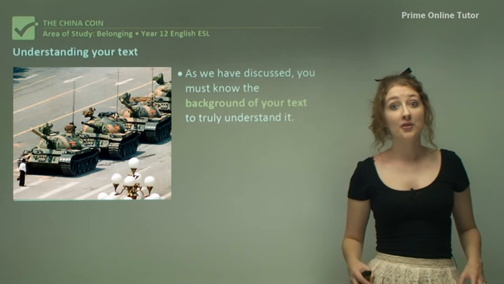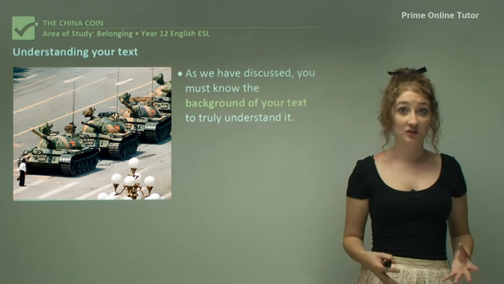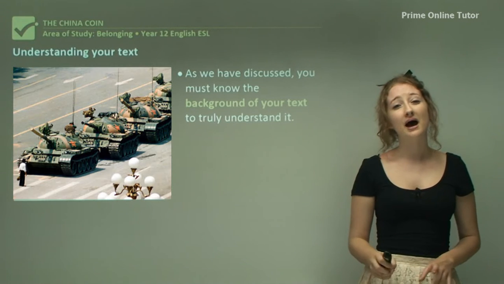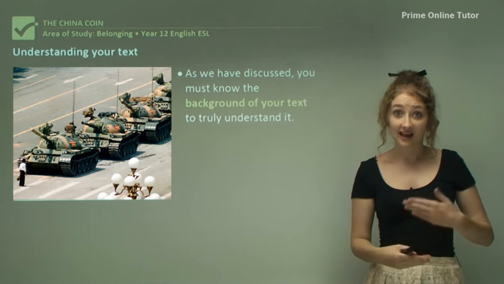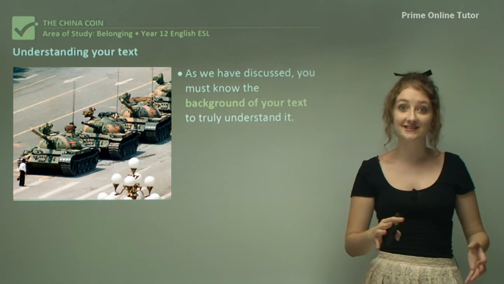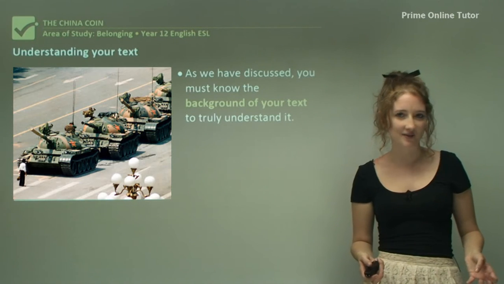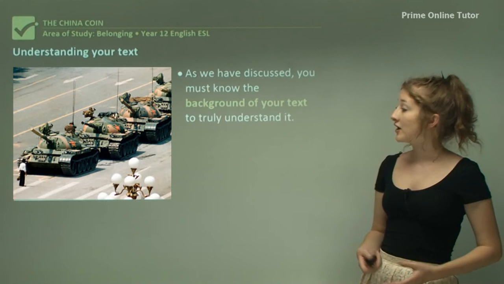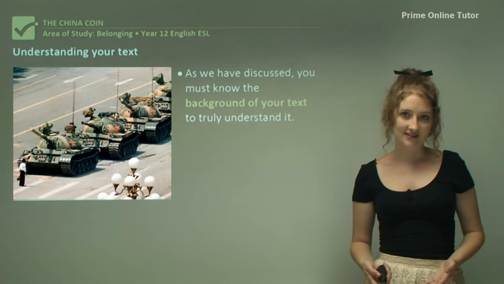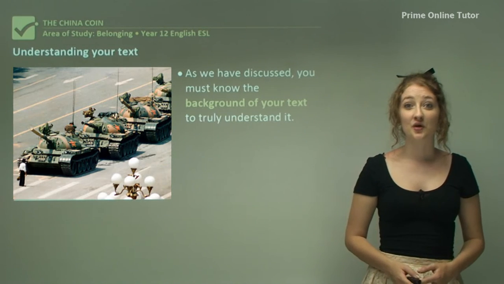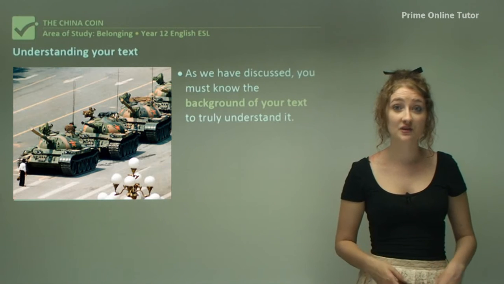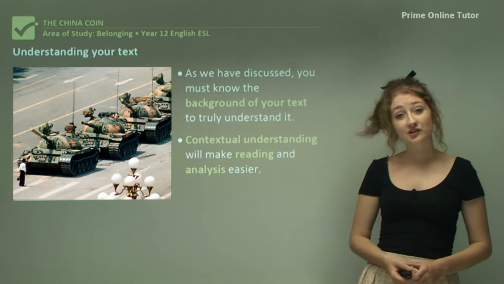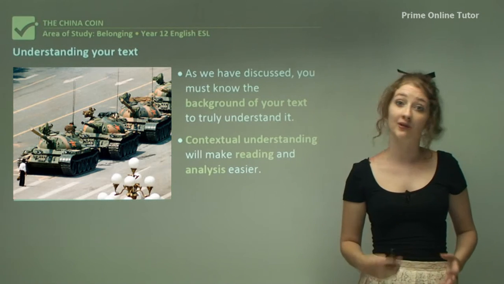Now we're going to examine the way in which you can understand your text. So it's not just about knowing the plot, but it's really about dissecting the different layers of the text to have a really complete understanding of what the text is about. So as we've discussed, you must know the background of your text to truly understand it. So we're going to be taking a look at those different background influences on the work. The contextual understanding is actually going to make reading and analysis a lot easier.